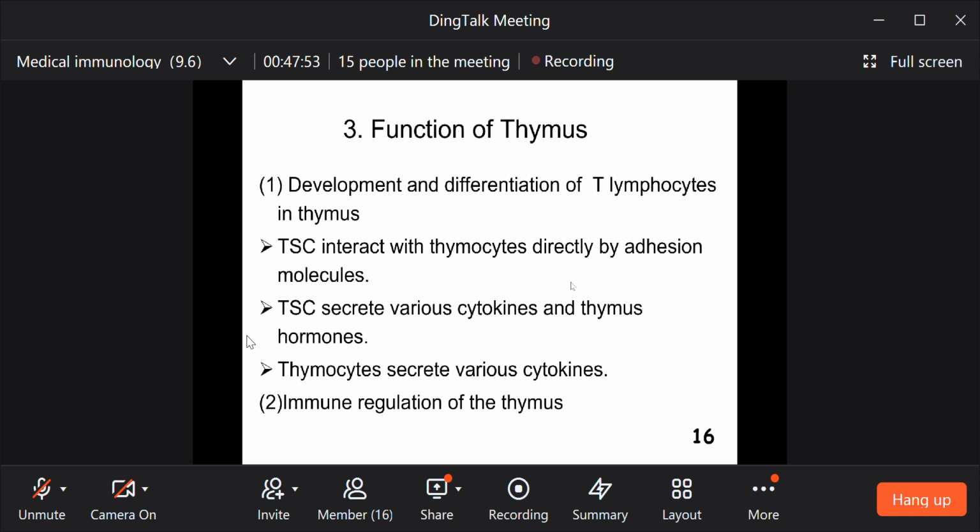TSC secrete various cytokines and thymus hormones, and the thymocytes secrete various cytokines. Those components will help the T cell to mature.